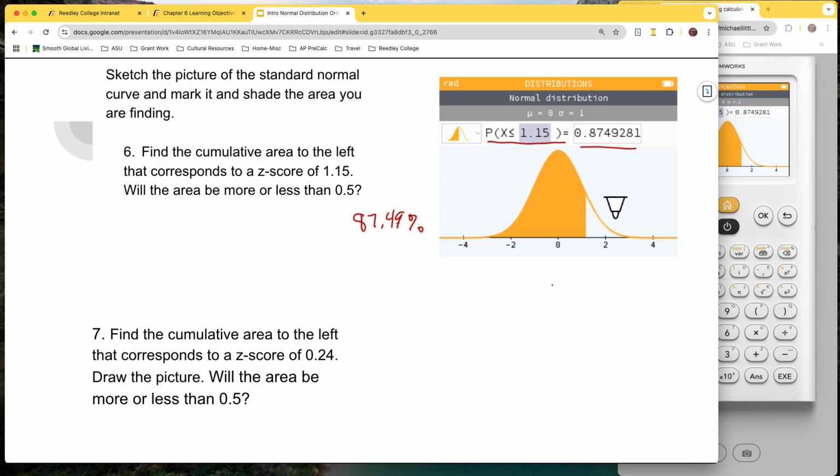Got another question. Find the cumulative area to the left that corresponds to a z-score of 0.24. Where's 0.24 in terms of the mean? Is it above or below the mean? Above. How do you know it's above? It's positive. It's small, but it's positive.